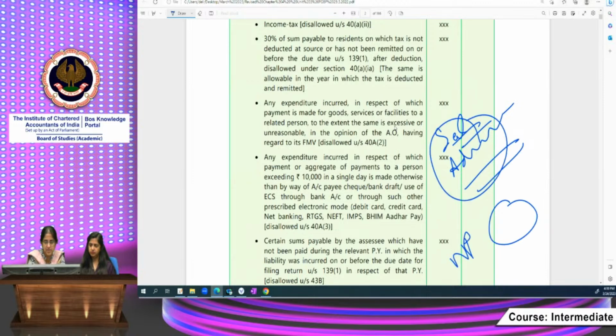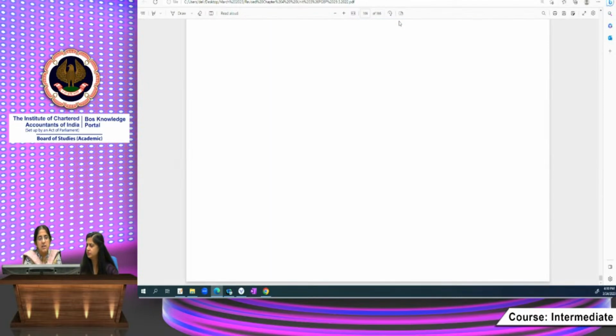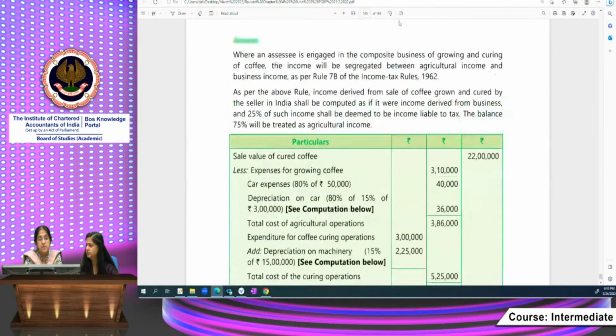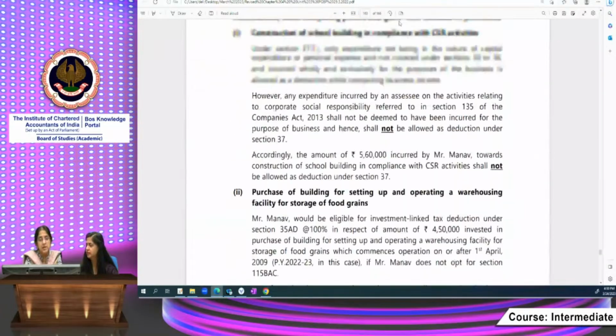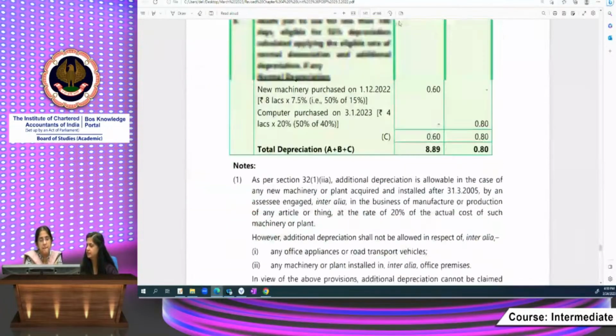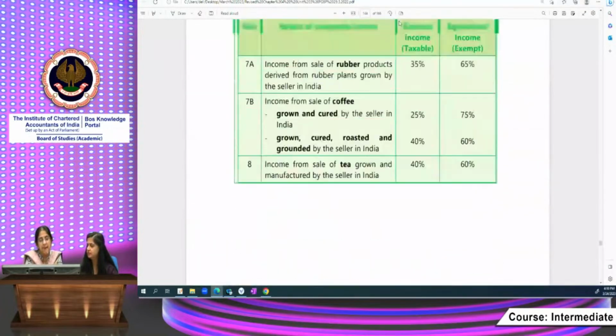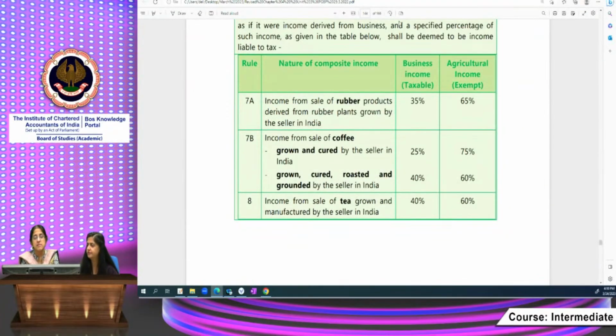Let's take one question. And we don't have it in this chapter, no? We have it in the computation of total income chapter. Here. Computation. Receipt and payment is needed. Computation of total income. Where is that?